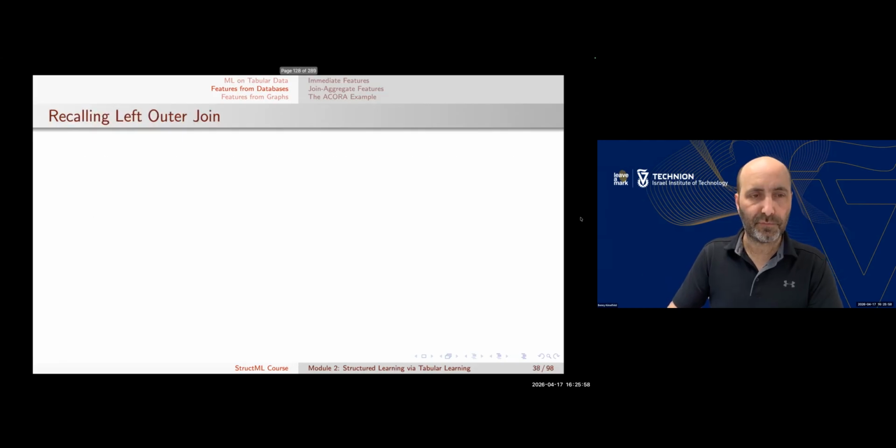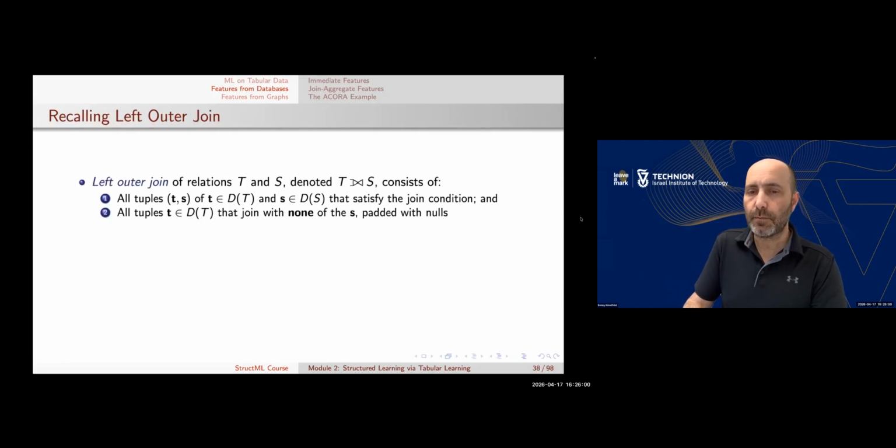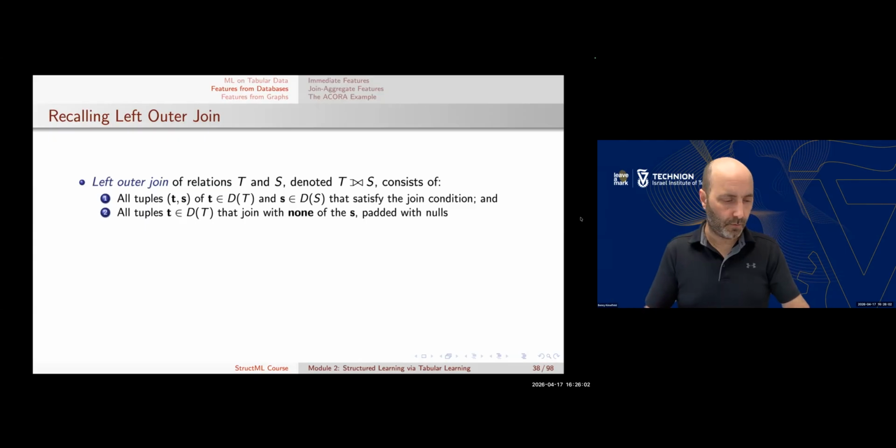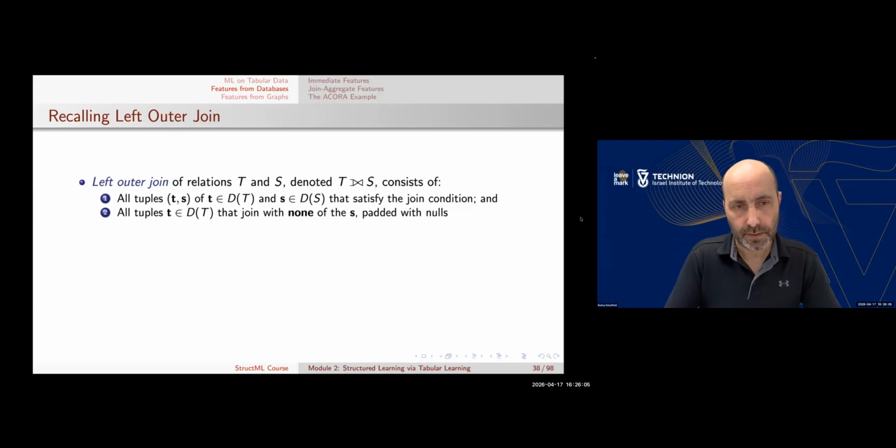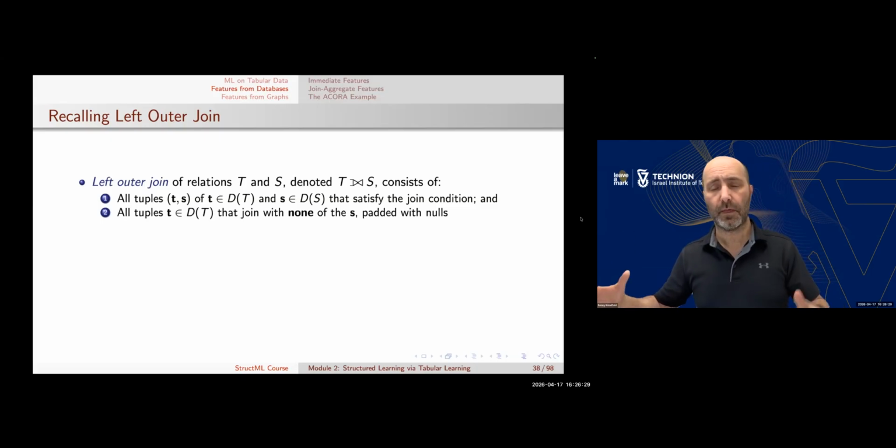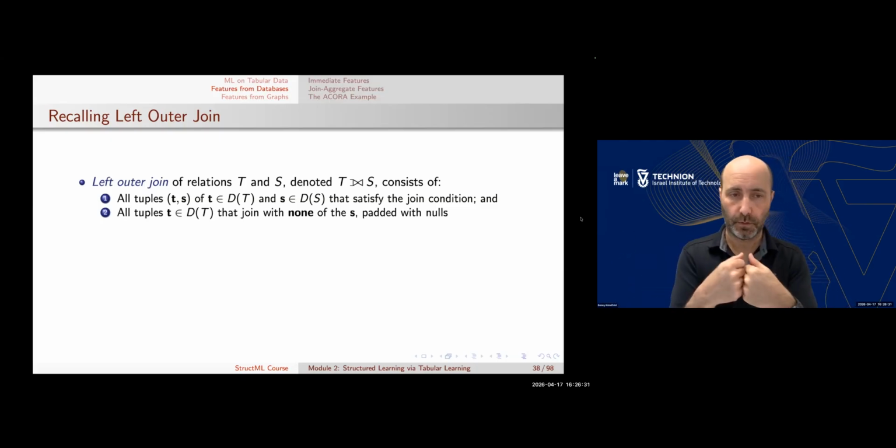Why left outer join? This is because we may not have all of the information for every tuple T in our target table, but we still want to keep whatever features we extracted for T. For those who took the database course, remember that the outer join of two relations T and S consists of all of the tuples TS such that T belongs to T, S belongs to S, and they satisfy the join condition.